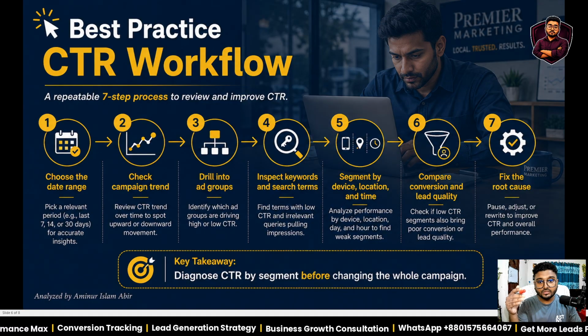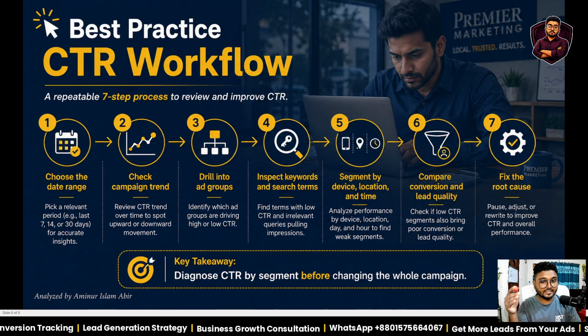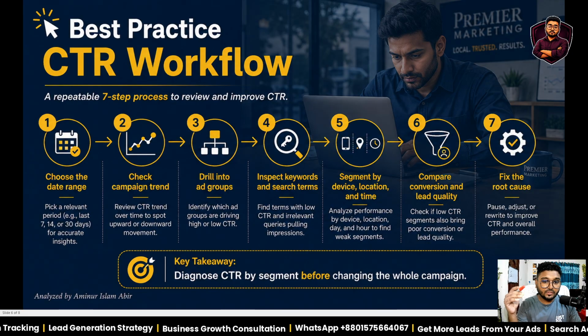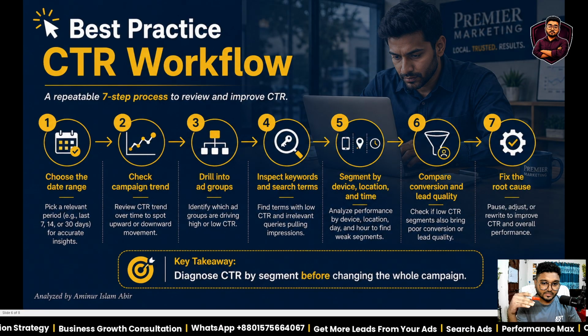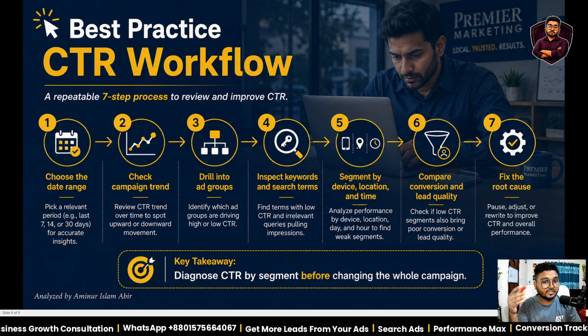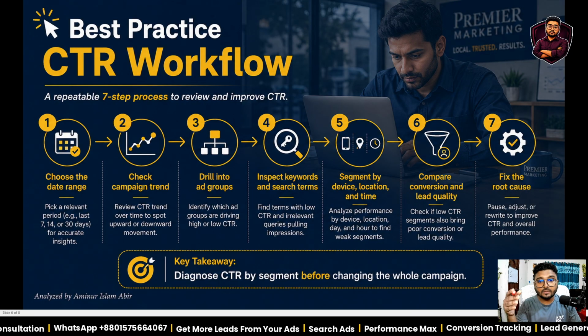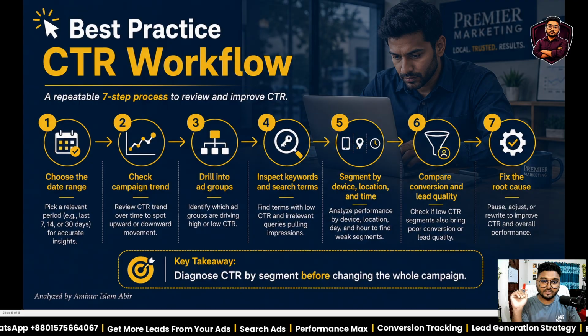Compare the trend with recent changes to keywords, ads, offer, budget, or targeting. The third step is review each ad group. Find which search intent groups are changing the campaign average. One weak ad group should not lead you to rewrite every ad. The fourth step is check keywords and search terms. Ask, are the impressions coming from the right intent? Which keywords match the weak searches?